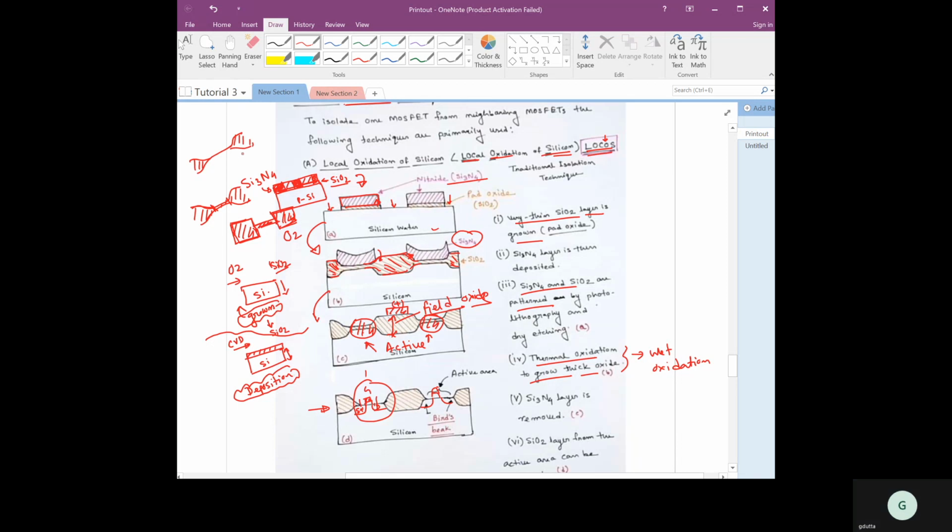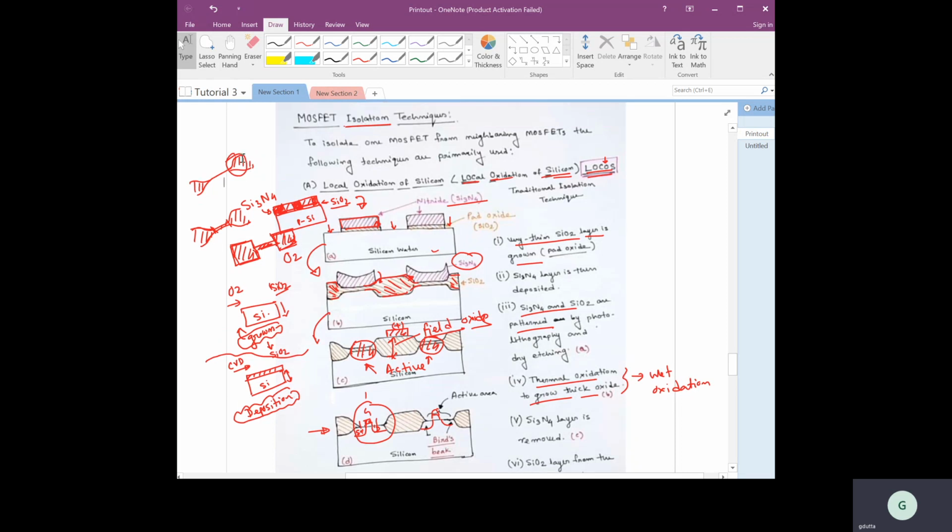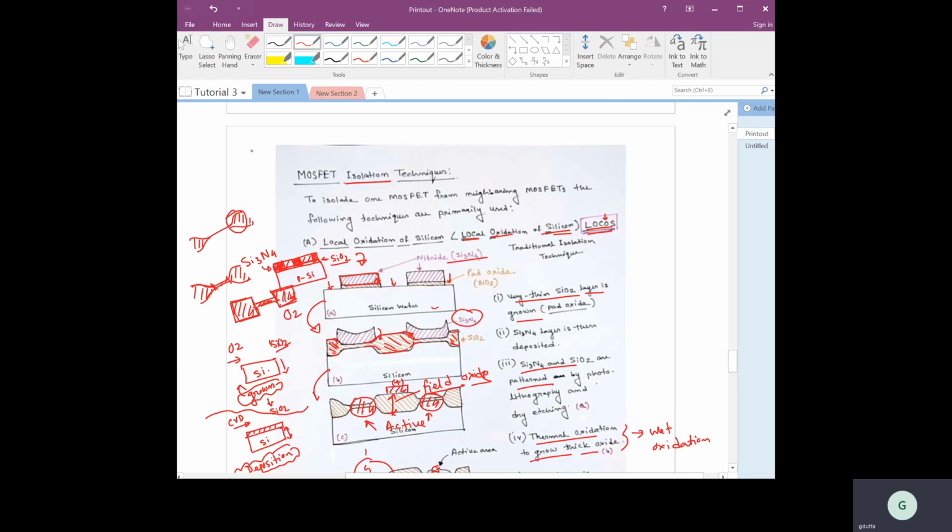Isn't it? So now try to focus on this region. Maybe I will try to draw it here. Try to think a little bit like me. If you think of a bird like this, then this region looks like the beak of this bird.